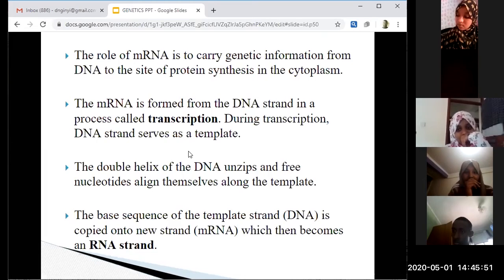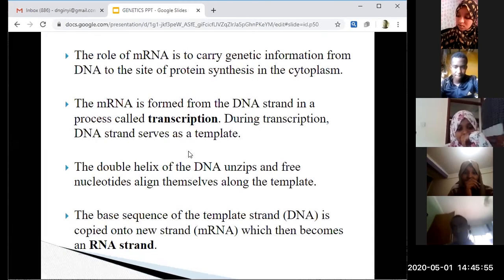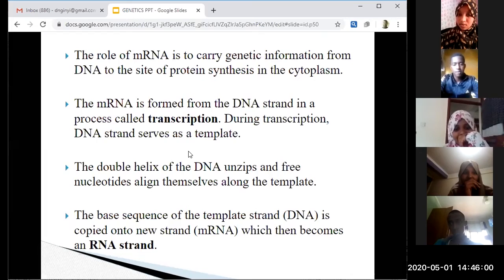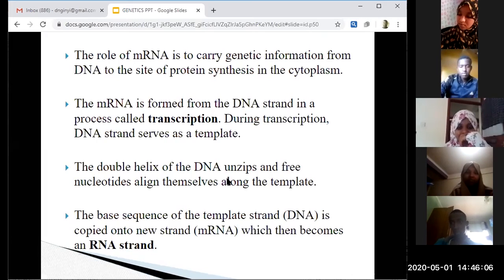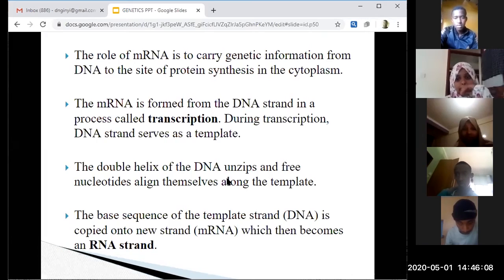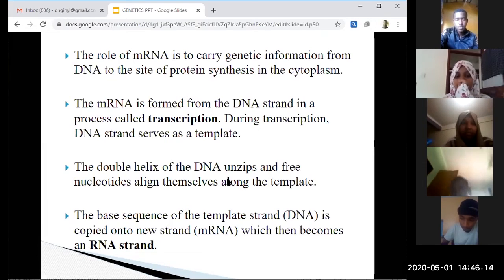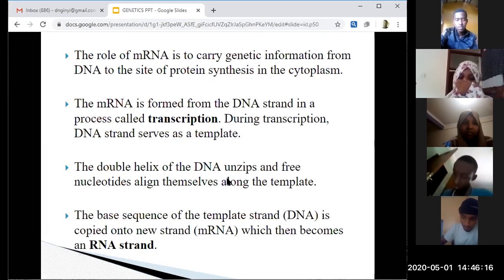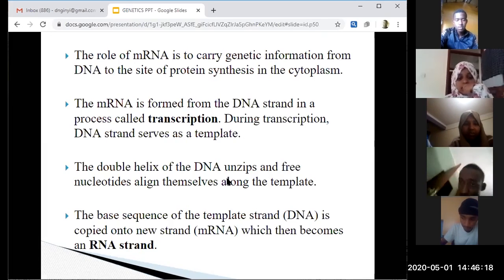A student named Bahja Mukhtar is asking if you can repeat the differences. She did not get it clear. The differences: the first is the sugar in each one of them. The other is the number of strands; one is double strand, the other single strand.